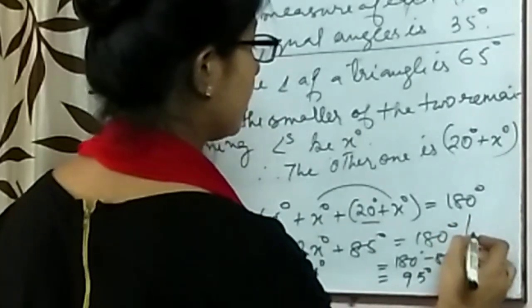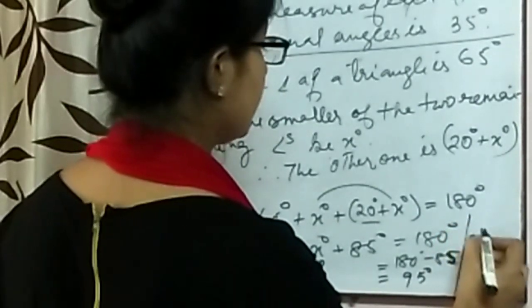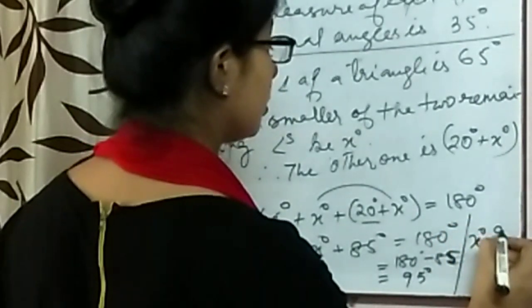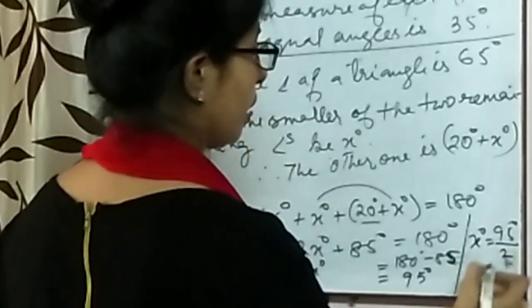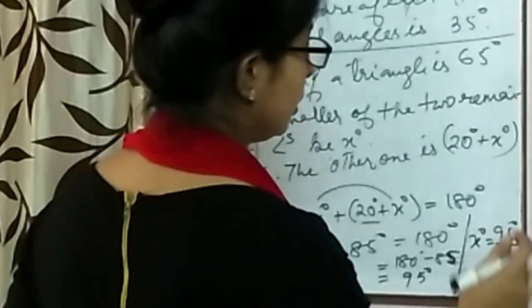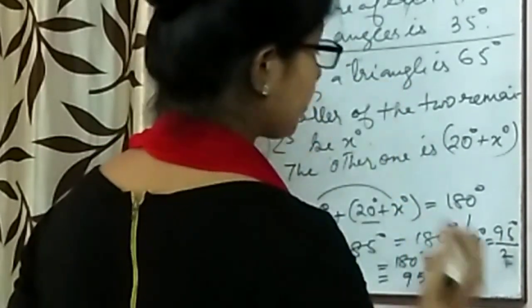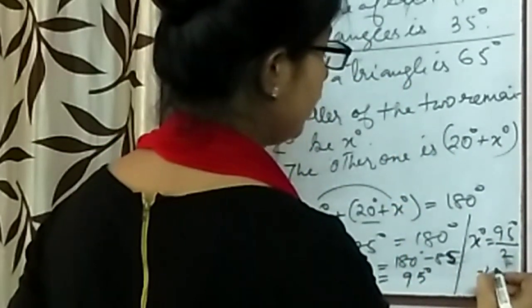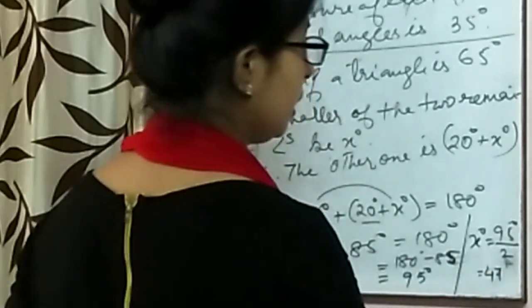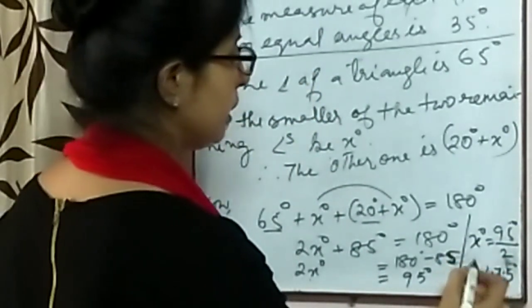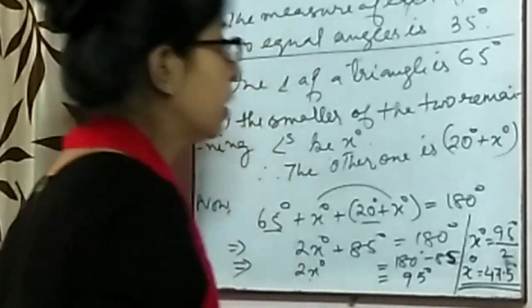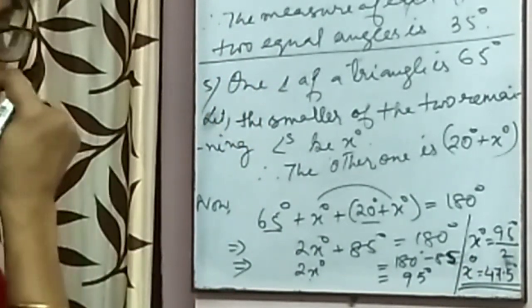Therefore, x degrees is equal to 95 degrees by 2. It will not be cancelled. 2 4s are 8, 2 7s are 14. 47.5 degrees. So x degrees is equal to 47.5 degrees.